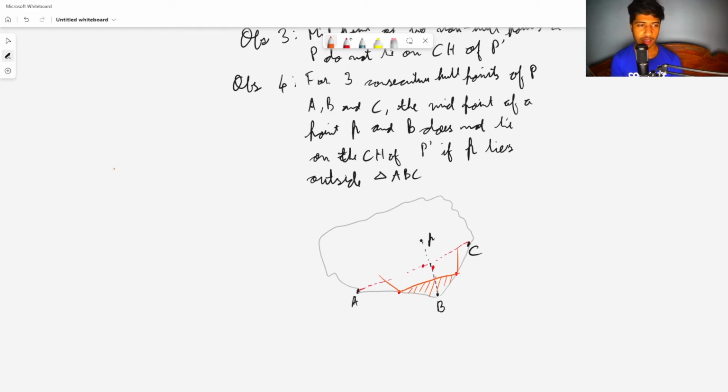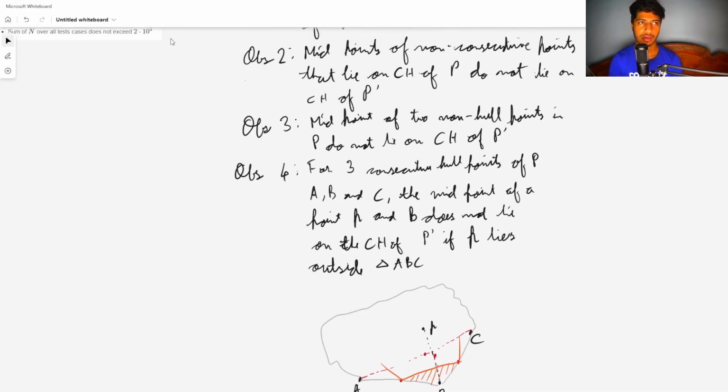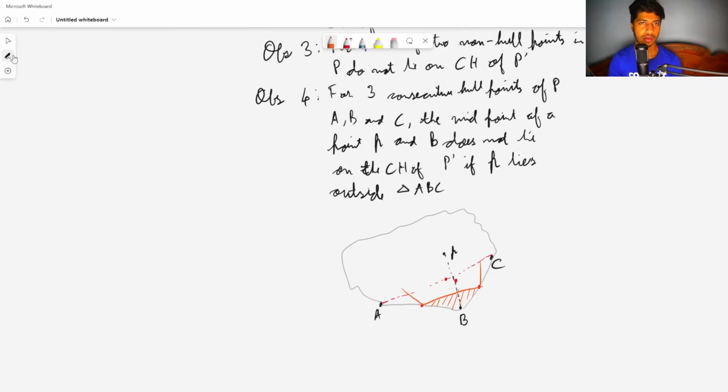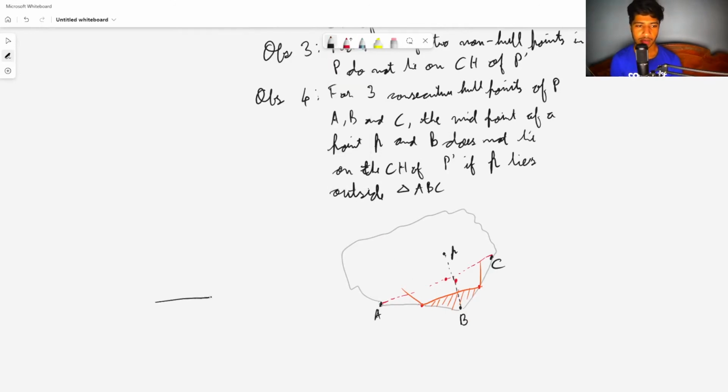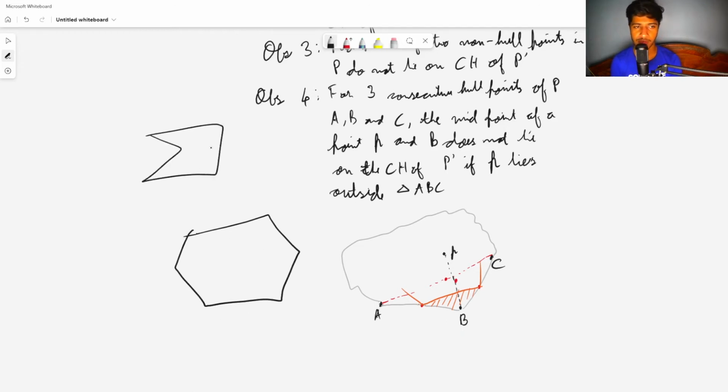So if you look at any shape, let's make a convex shape. Assume this hexagon is your convex hull, right? So this is a possible convex hull. For example, this cannot be a convex hull. A convex hull will be looking like this.